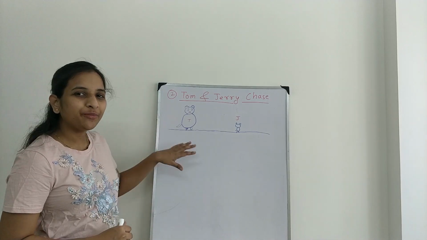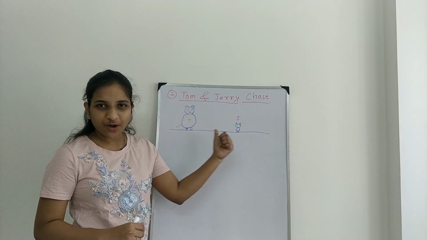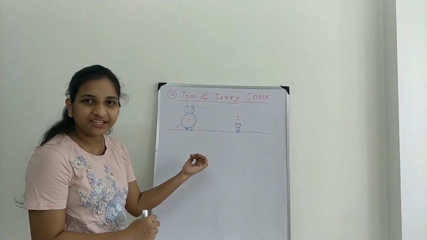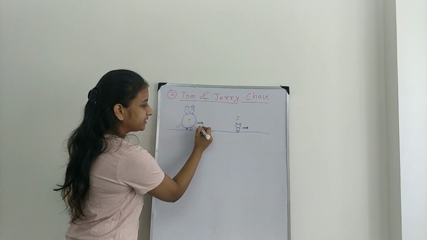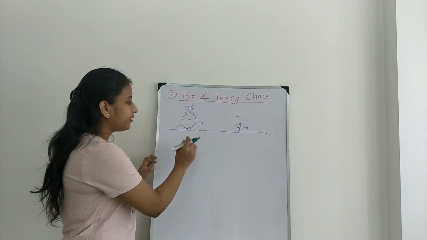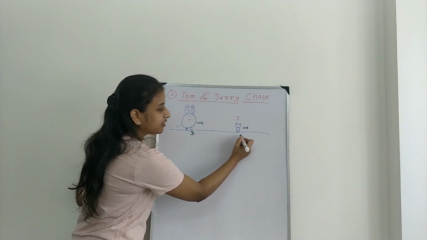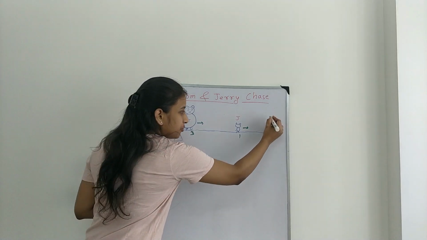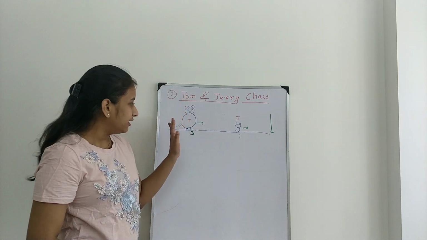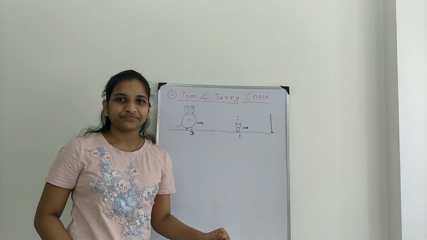Now let's look at Tom and Jerry Chase example. This is Tom, this is Jerry. When they see each other, Jerry tries to run away and Tom tries to chase him. Speed of Tom is 3 times of Jerry's speed. So we need to find at what point Tom will catch Jerry.